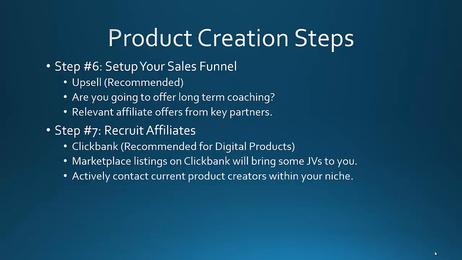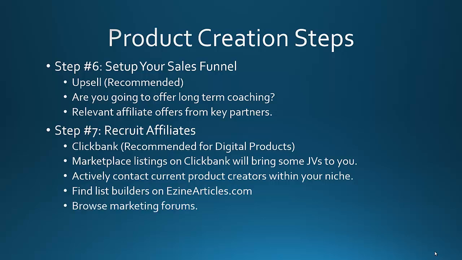Spend time getting in touch with them and letting them know about your product. Find list builders on eZineArticles.com. So find people that are actively building an email list and recruit them to be your affiliate partner. Browse marketing forums. Leverage Facebook to find affiliates as well. So there's all sorts of ways that you can go out there, find people in your niche market, use Twitter to contact people that have products in your niche and let them know about the offer that you have.